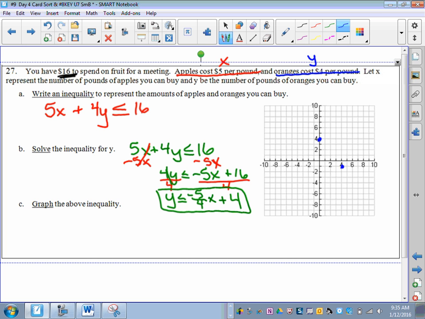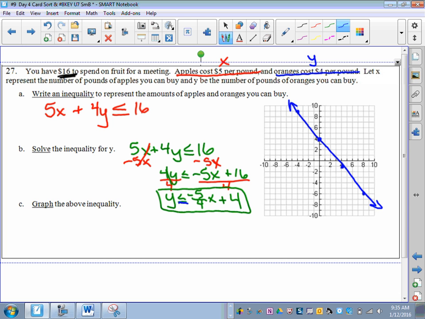Down 1, 2, 3, 4, 5. Over 1, 2, 3, 4. Up 1, 2, 3, 4, 5. Over 1, 2, 3, 4. Remember your negative slope should go down. Solid or dotted? Solid, we have the or equal to. So we should have a solid line.